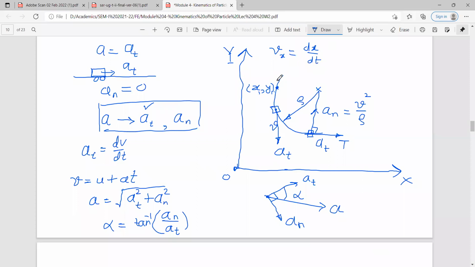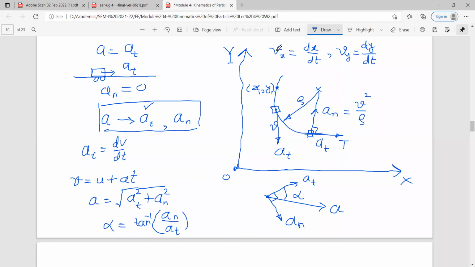Similarly, you can also calculate the velocity in y direction. So velocity in y direction means at what velocity its y coordinate is changing. The particle is having x and y coordinates, so at what rate y coordinate changes means at what rate the particle is moving vertically. That can be calculated by taking the derivative dy by dt.